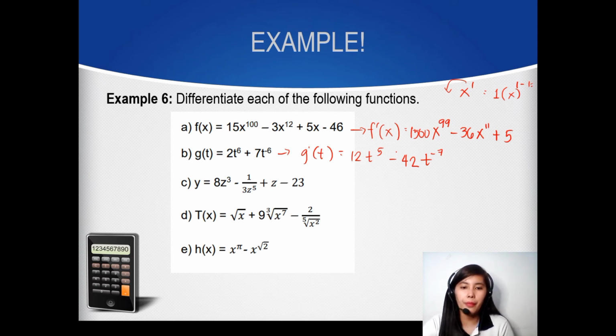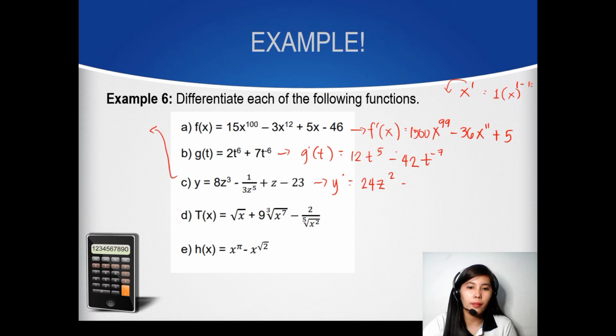Next, number for letter C. So this will be y prime is equal to 24 z squared minus, so we have 1 over 3 z raised to 5 here, but we can put the z raised to 5 into the numerator. So the z raised to 5 will be z raised to negative 5, because we put it in the numerator.